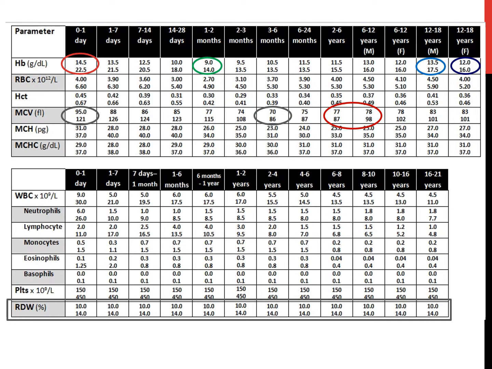At the age of 2 years it's 17,000, and it decreases until it reaches its minimum value in the adolescent age, from 16 to 21 years, to be from 4.5 thousand to 11,000.